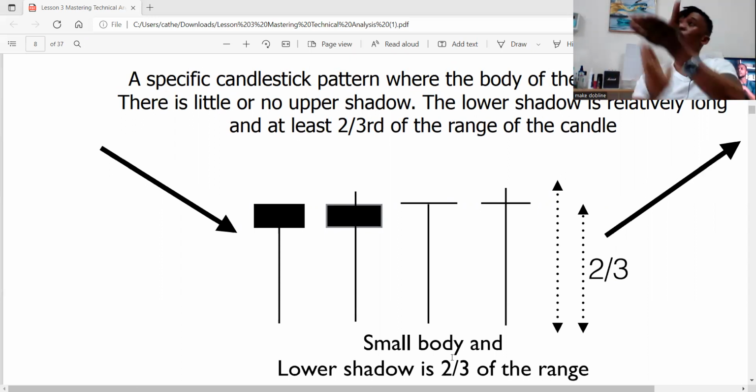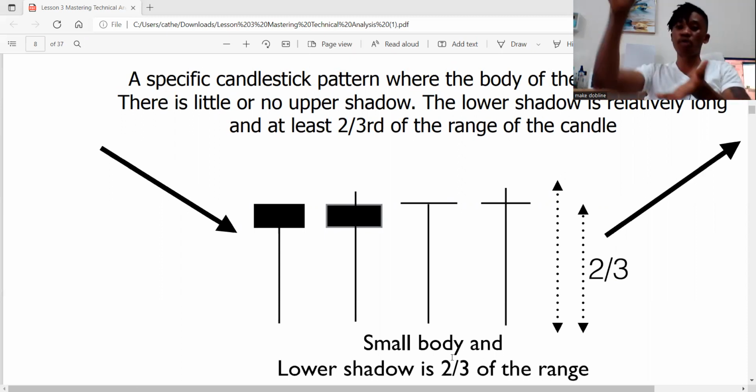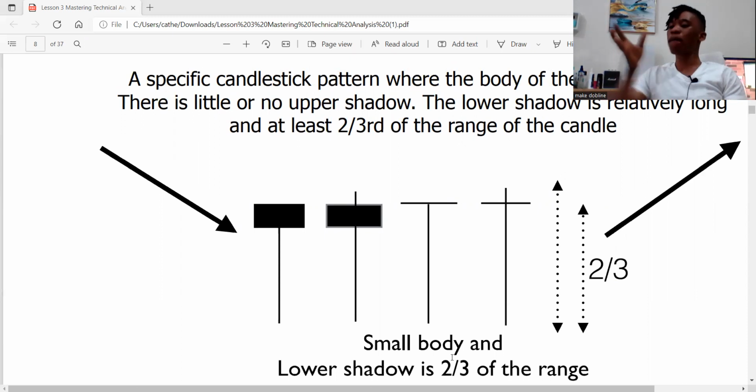The trend must be going up, because we call it a bullish pin bar. So it must be bullish. Without the trend being bullish, we did not achieve our aim of calling this candle a bullish pin bar. So the trend must be bullish. That is why it qualifies as a bullish pin bar.